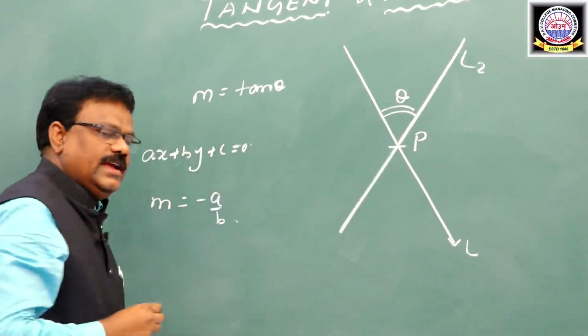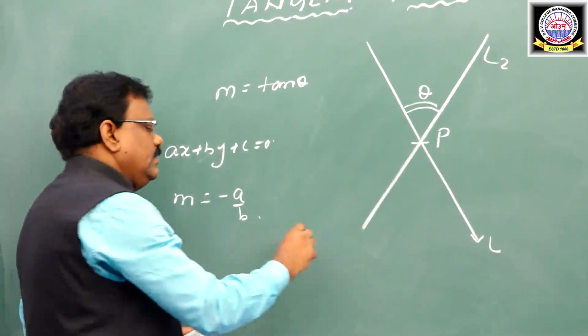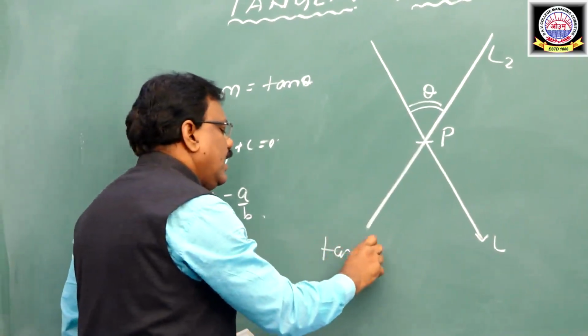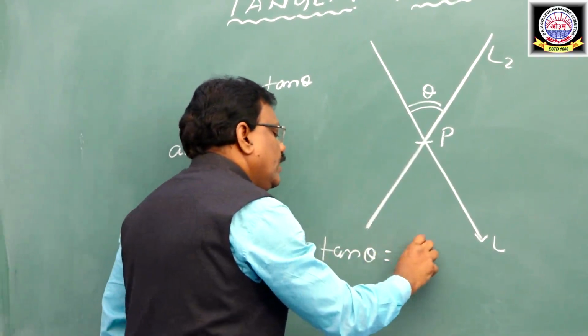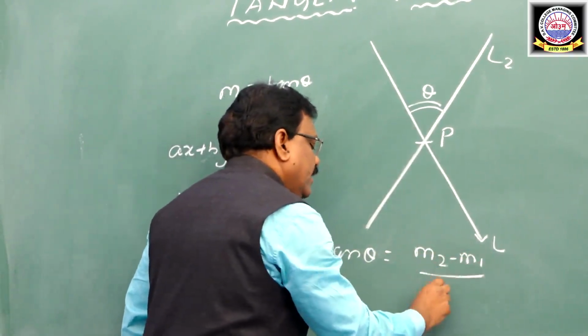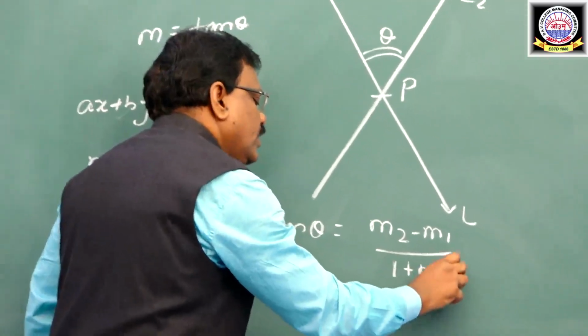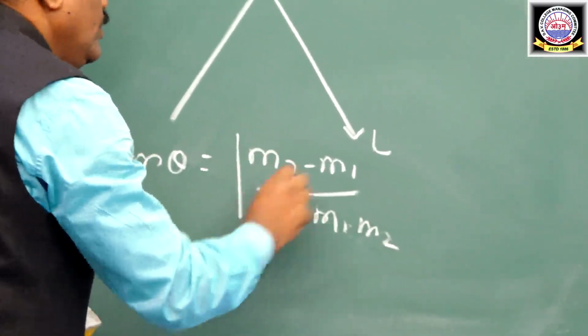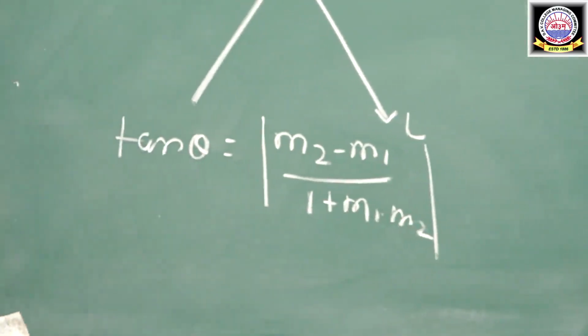Then how do we get the angle between the two lines? tan theta is equal to the modulus of M2 minus M1 divided by 1 plus M1 into M2.